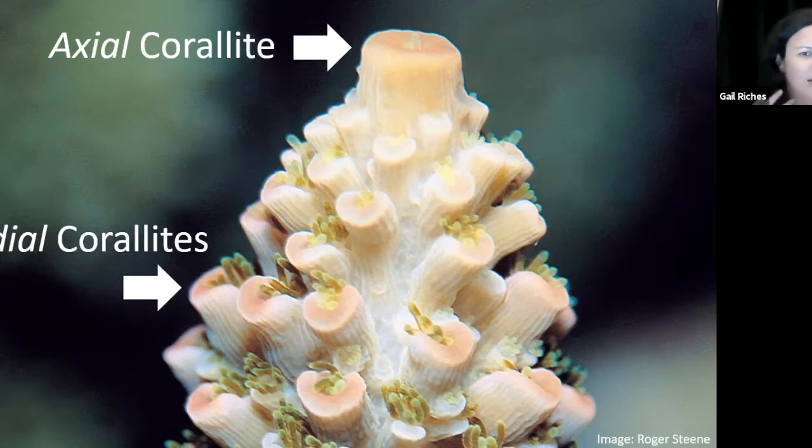And then you have these radial corallites, which are all the other corallites that grow around the sides of the branches. These radial corallites come in a range of shapes, and depending on what the shape is is usually what the species is. So we use the shape of the radial corallites to determine what species of Acropora it might be.